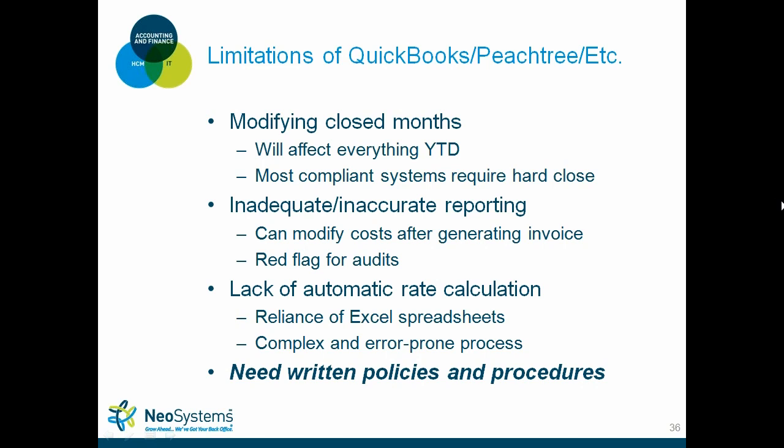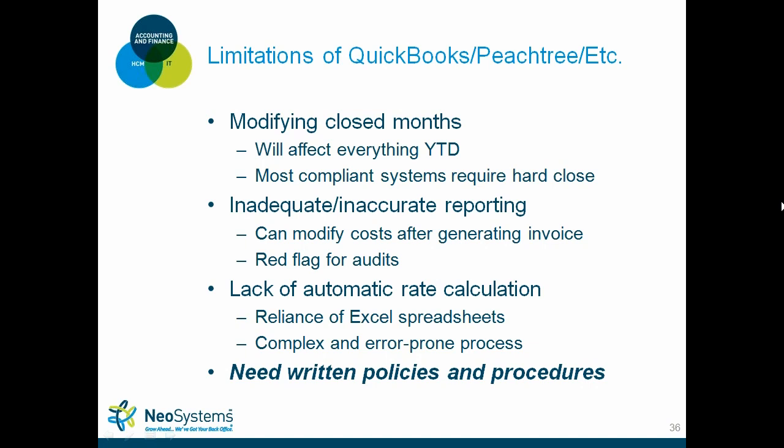DCA will pass a QuickBooks system audit, but if your system isn't set up very thoroughly and isn't very disciplined, one of the problems with QuickBooks and Peachtree is that you can go back into any month and modify a number.